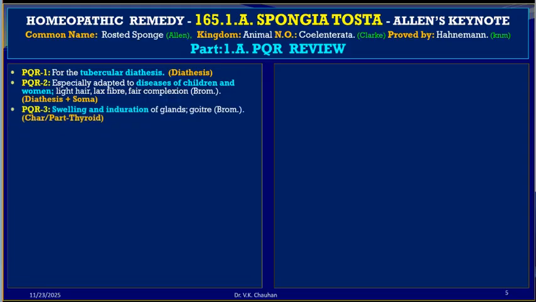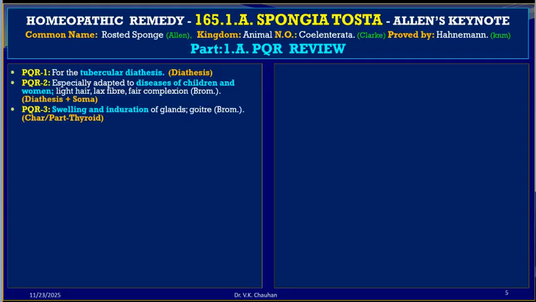We go to PQR3 and it tells us: swelling and induration of glands, particularly goiter, and again there is a comparison for Bromium. So it is a characteristic particular general. If you recall only goiter, and if you say glands, glands can be thyroid gland, parotid gland, lymph gland, testes, ovaries.